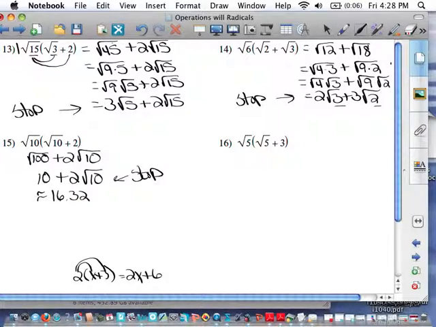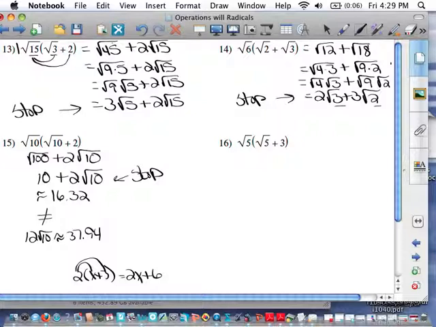Now, if you tried to combine that and you tried to say, well, that's 12 square root of 10, 12 square root of 10 is approximately equal to 37.94. So those numbers are very, very different. Again, they are not equal, so don't add that real number and the coefficient and the radical together.